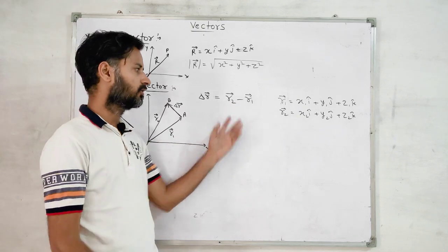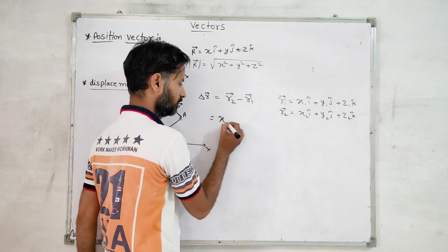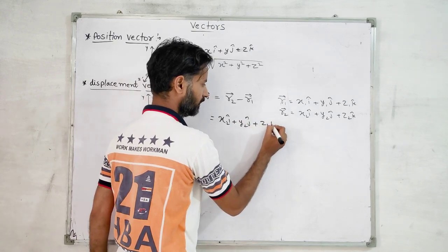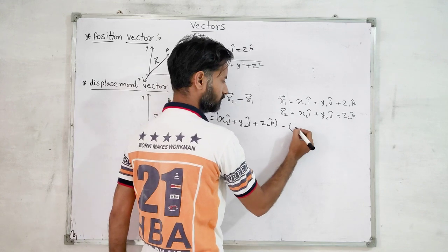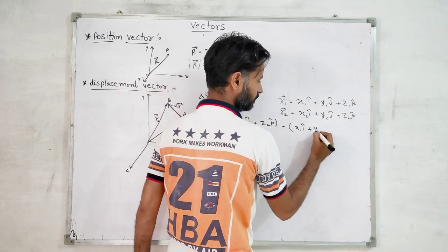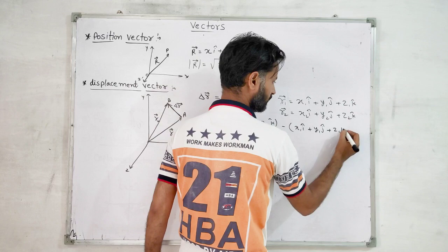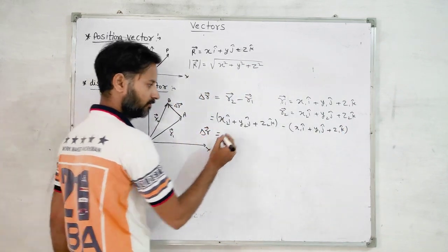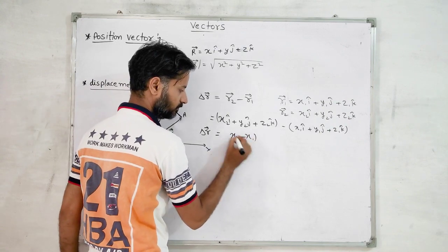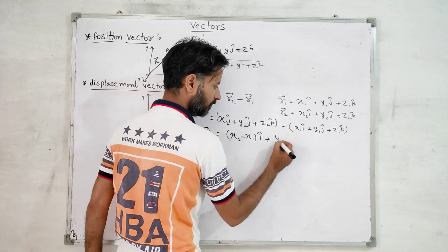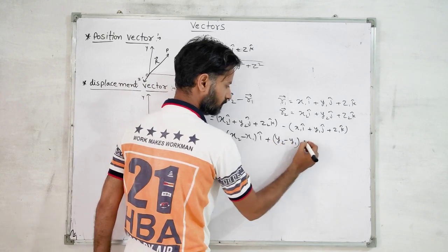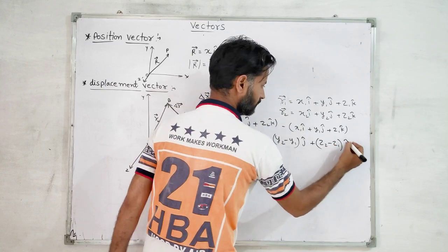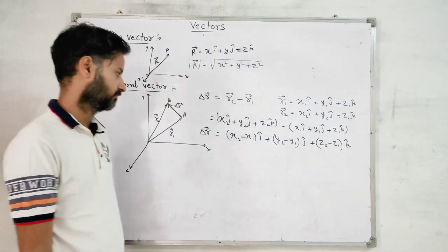If we write these values here, we get x2 i cap, y2 j cap, z2 k cap minus x1 i cap, y1 j cap, z1 k cap, or the displacement vector del r equals x2 minus x1 i cap, y2 minus y1 j cap, z2 minus z1 k cap.